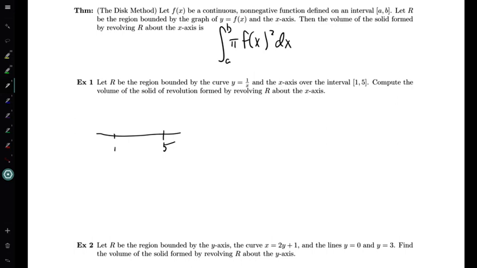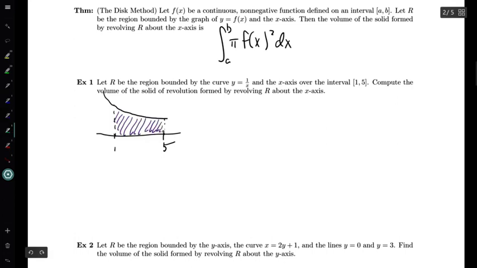Our curve y equals 1 over x, we know in general looks something like this. And since we're just looking at this on the interval from 1 to 5, we're kind of going to cut ourselves off here. Our region R is bounded by the curve and the x-axis. So we have something that looks like this.